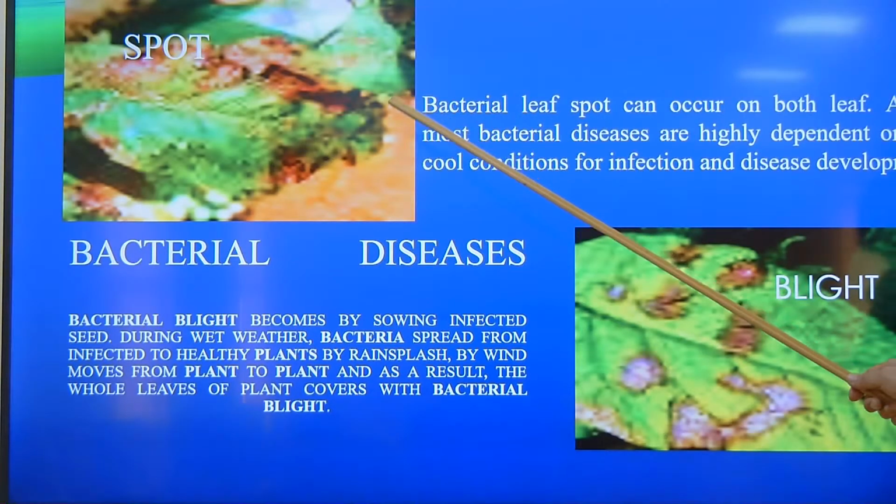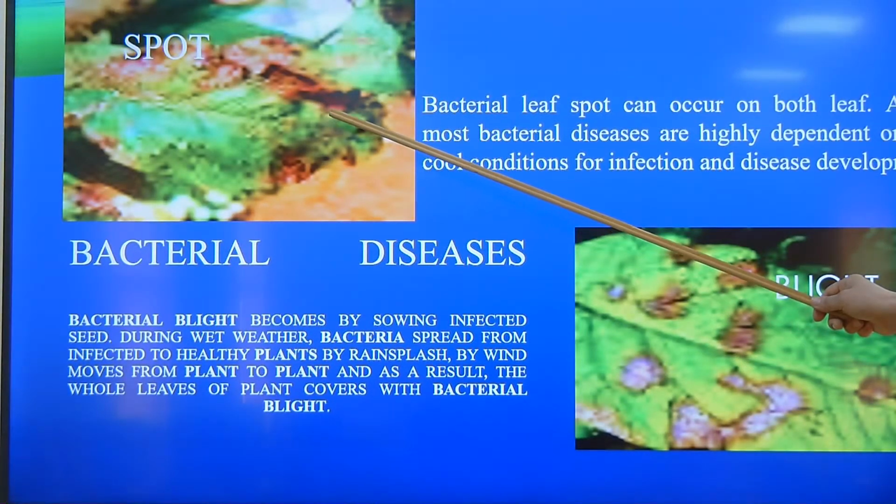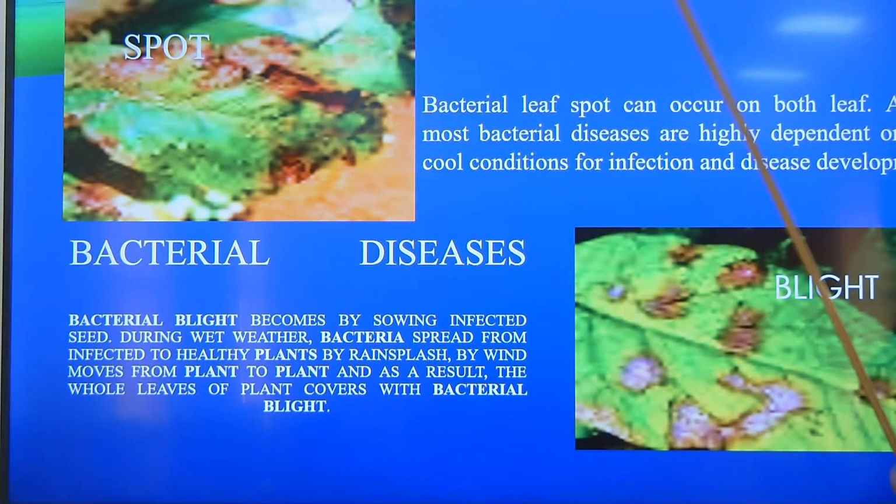Bacterial diseases are divided into two types, spot and blight. For the first one, bacterial leaf spot can occur on both leaves. Most bacterial diseases are highly dependent on wet, cool conditions for infection and disease development.